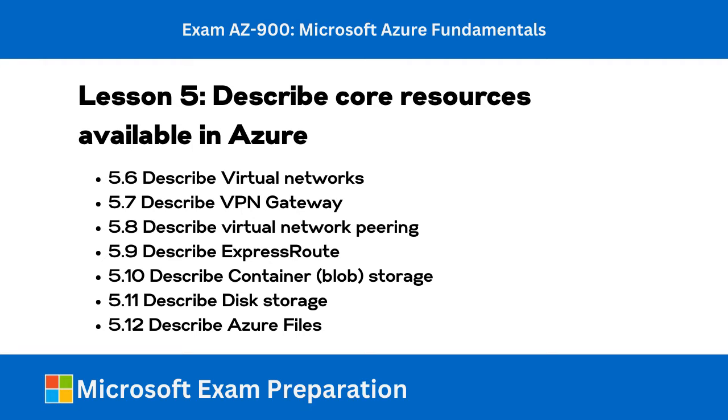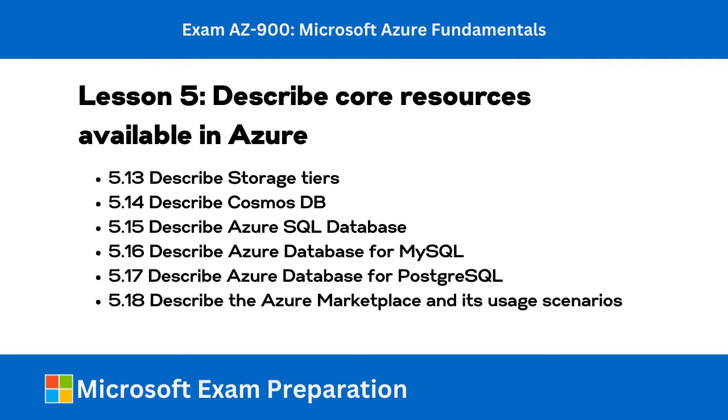You'll then learn about the different storage tiers that are available in Azure. Next, you'll learn about database offerings in Azure, such as Cosmos DB, Azure SQL Database, Azure Database for MySQL, and Azure Database for PostgreSQL. We'll wrap up this lesson with a discussion of Azure Marketplace. Now that's a lot to cover, so let's get going.